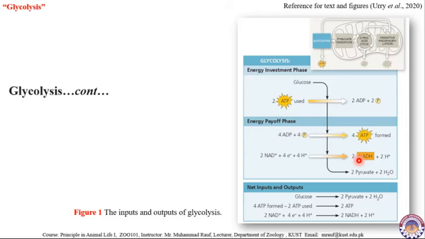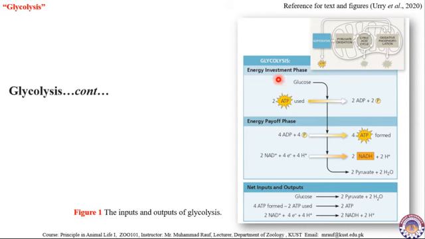In this first phase of glycolysis, 2 ATP molecules are consumed. Then we have the second phase, where a single molecule is broken down into 2 molecules, and this process proceeds further, and then comes the energy payoff phase, where ATPs are produced.